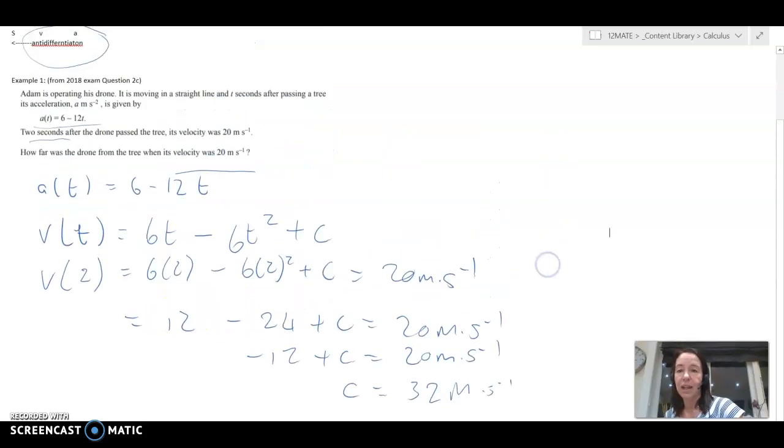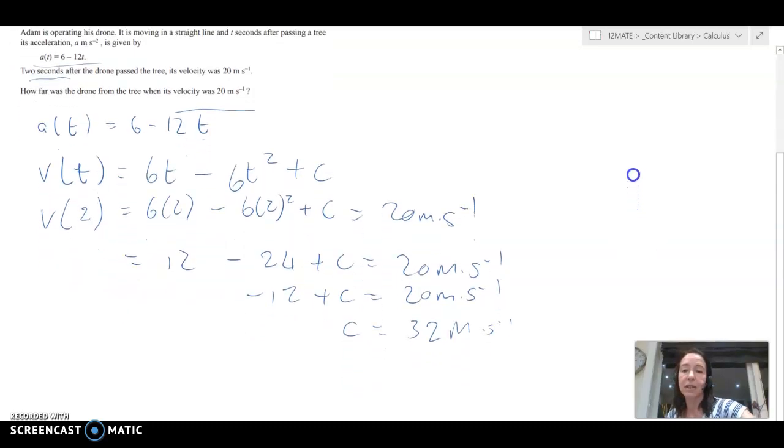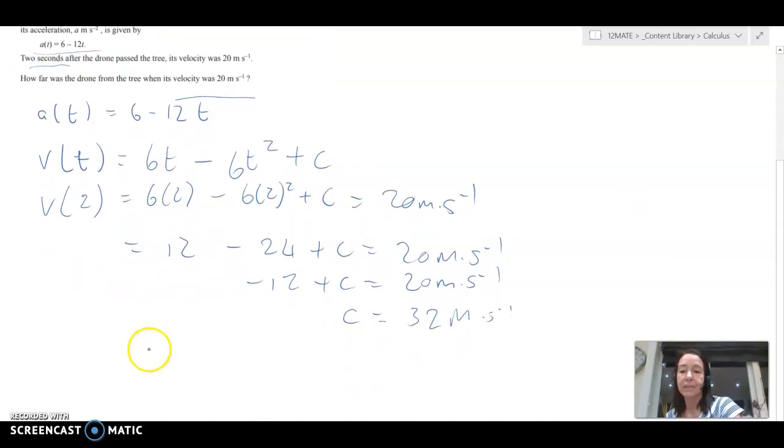What was the question? How far was the drone from the tree when its velocity was 20 meters per second? So let us think about that. Now, so far, what have I done?